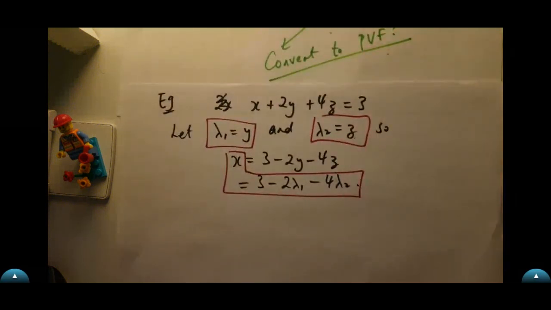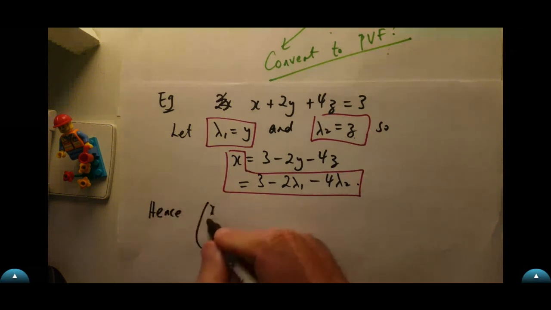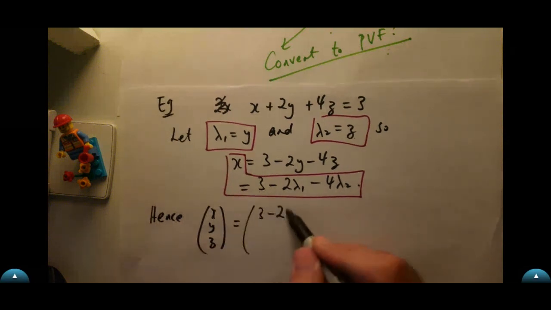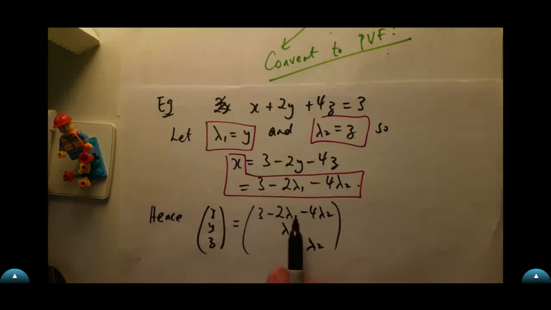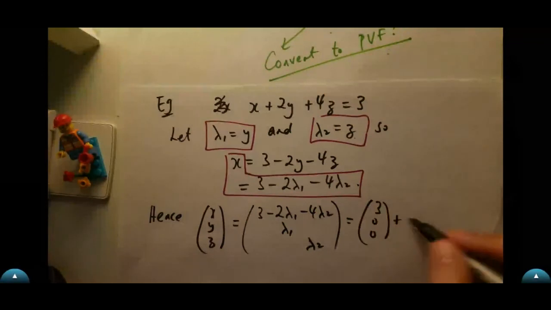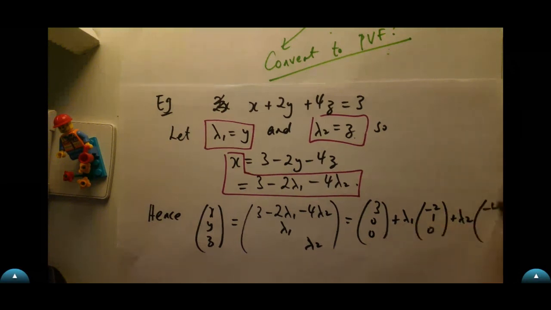And if you write it as a column, you just break that up into 3 parts. Negative 4, 0, 1.